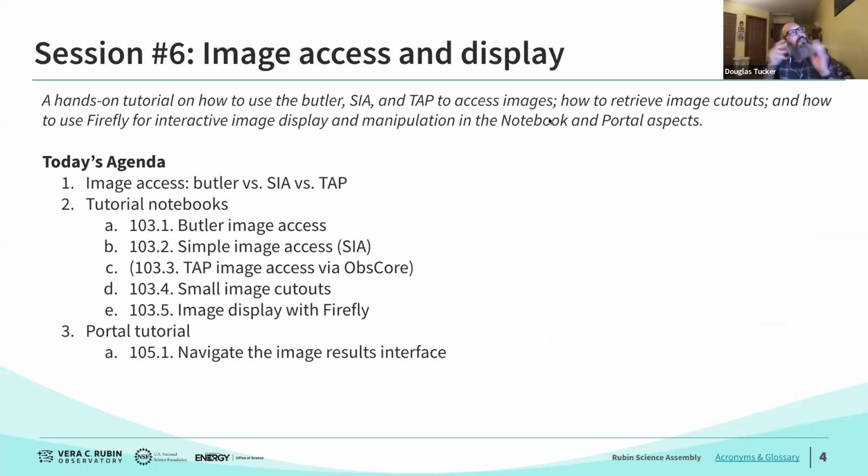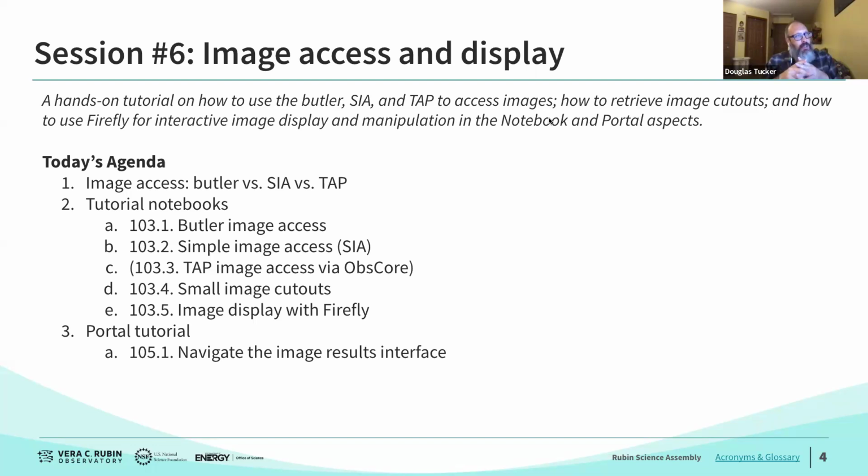So session number 6. We are looking at image access and display. I will be using the Butler, SIA, and TAP to access images. And we'll see how to retrieve image cutouts and how to use Firefly for an interactive image display. We'll first have a few slides on when to use which.